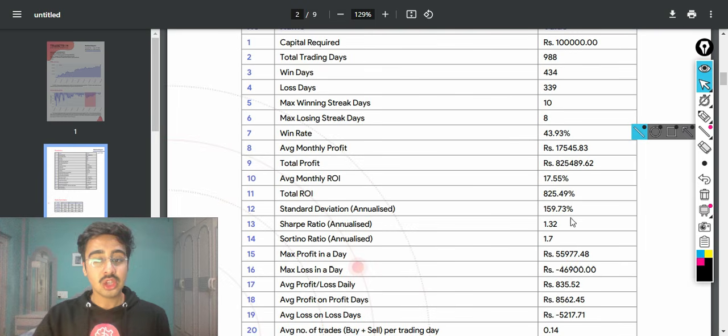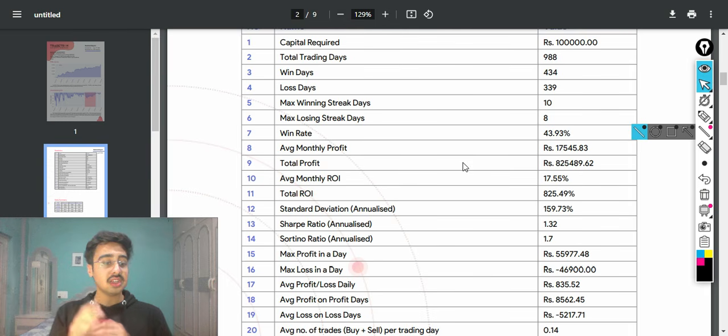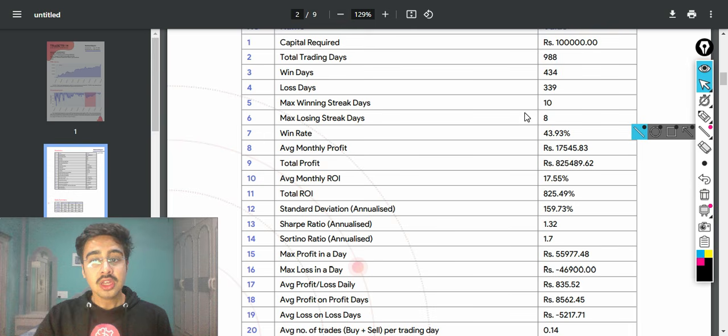Also, some very important and unique statistics that you would see out here. Now, given that it is a strategy based on an indicator on a daily time frame, you will see that even though the trading days that I have backtested in is close to around 1,000, the number of days during which the trades happened is very small. You'll also see that my win rate out here is very low.